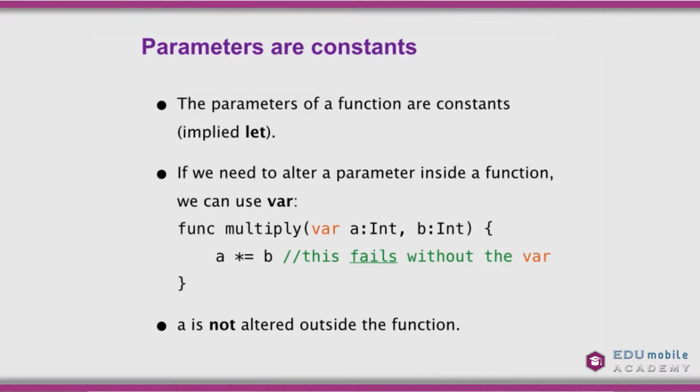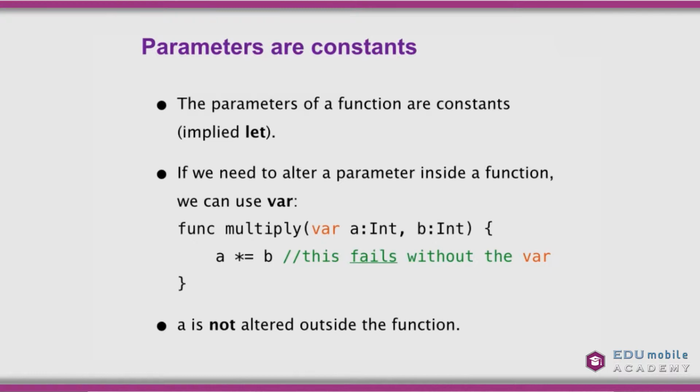Let's say a was defined someplace else, and then we take in a and b. We multiply a times b, but then when we look at a outside the function, it has not been altered. We didn't return it, we just changed it inside the scope of the function, but it is not altered outside the scope of the function.